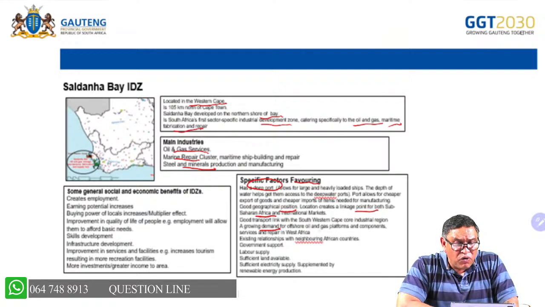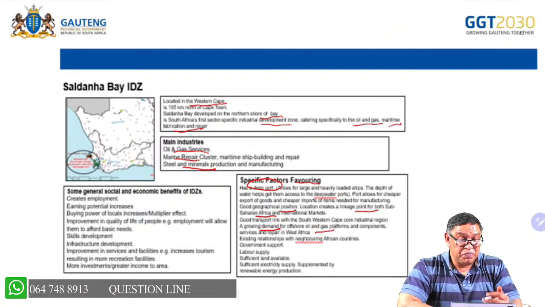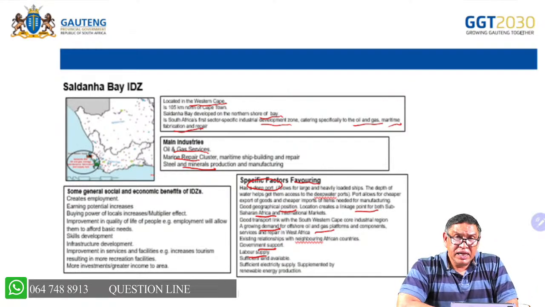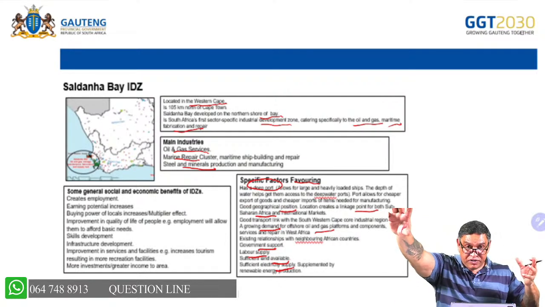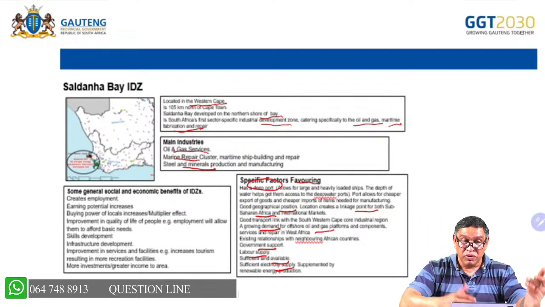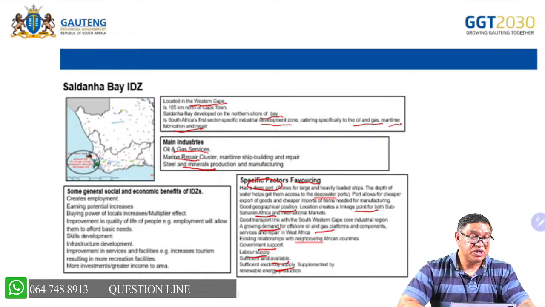Growing demand for offshore gas, which brings in a lot of money. Okay, government support, labor supply, sufficient land, sufficient electricity supply. So even if it's away from the coal mines, they are using natural energy, renewable energy to produce. Okay.